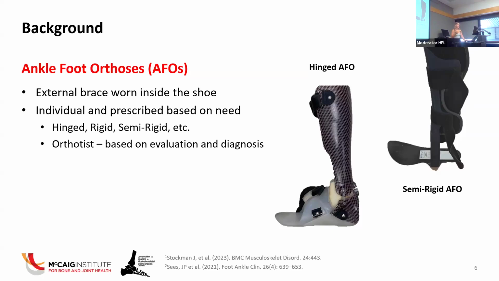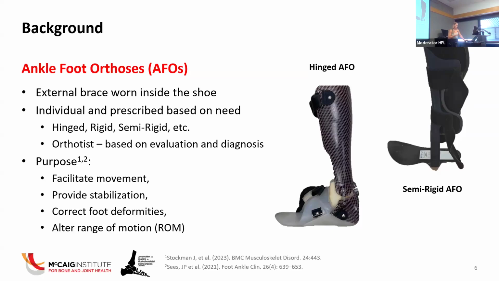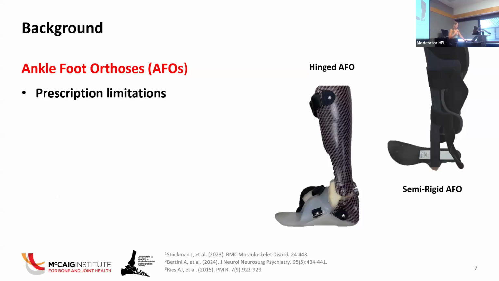There are a couple different types of prescription, and this is done by an orthotist based on evaluation and diagnosis of the individual and their mechanics and their condition. Now, the purpose of an AFO depends again on that individual, but some of the ones that I'd like to highlight are that they help to facilitate movement and they alter the targeted range of motion.